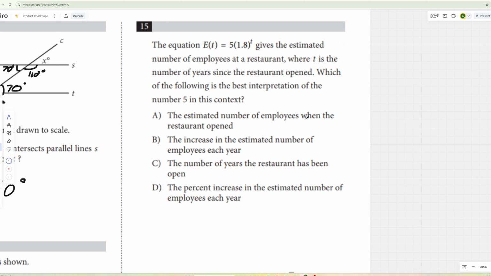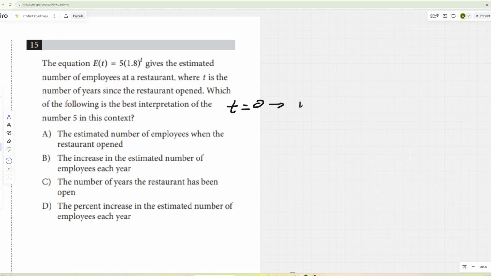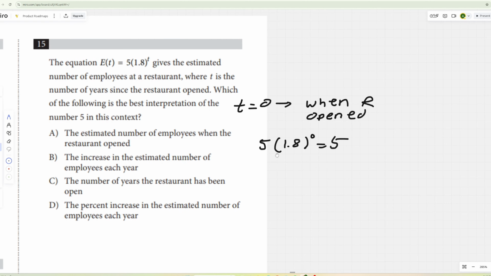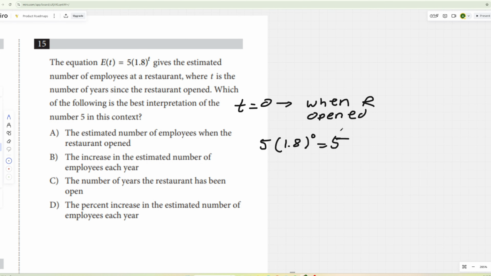Let's say t is 0. If t is 0, that's when the restaurant opened, right? So what I get is 5 times 1.8 to the 0. Anything to the 0 power is 1. So 5. That means that when the restaurant opened, there were 5 employees.